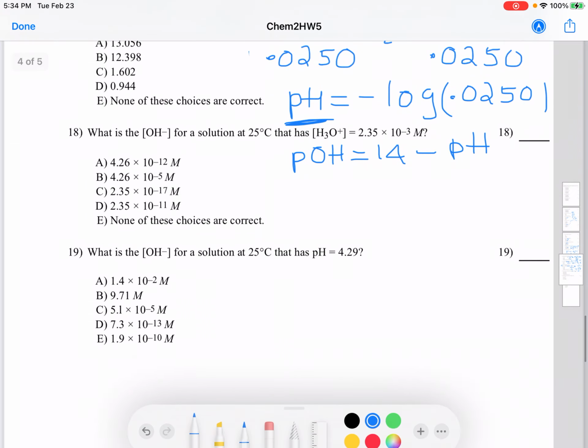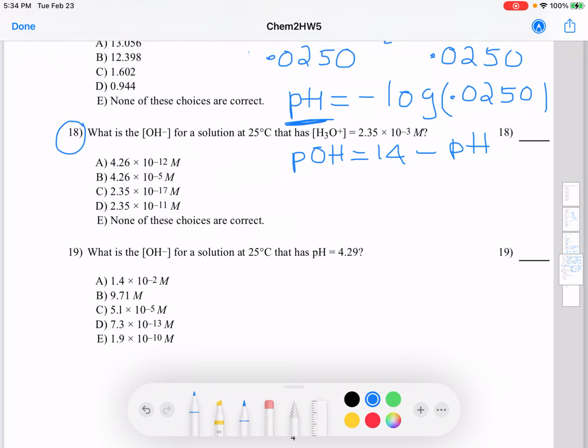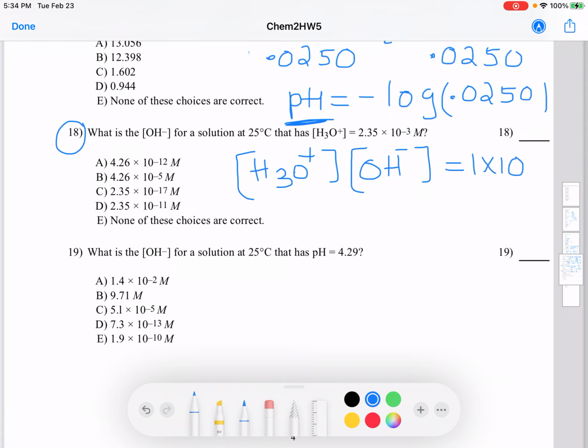And number 18. What is the hydroxide ion concentration for a solution at 25 degrees Celsius that has this hydronium ion concentration? Now I'm going to erase this one right here. Remember the relationship: hydronium ion concentration times the hydroxide ion concentration equals Kw of water, which is 1 times 10 to the negative 14.